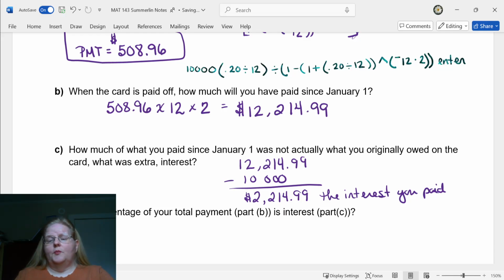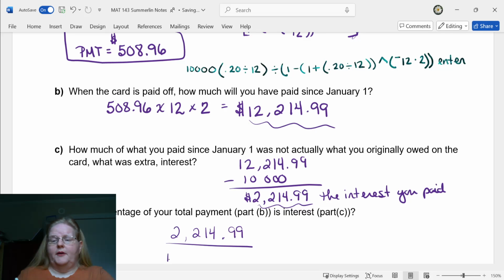Then they want to know what percentage of your total payment, that's this one, is interest. So we put the interest, $2,214.99, over our total payment, $12,214.99. Part over whole and find the percent.